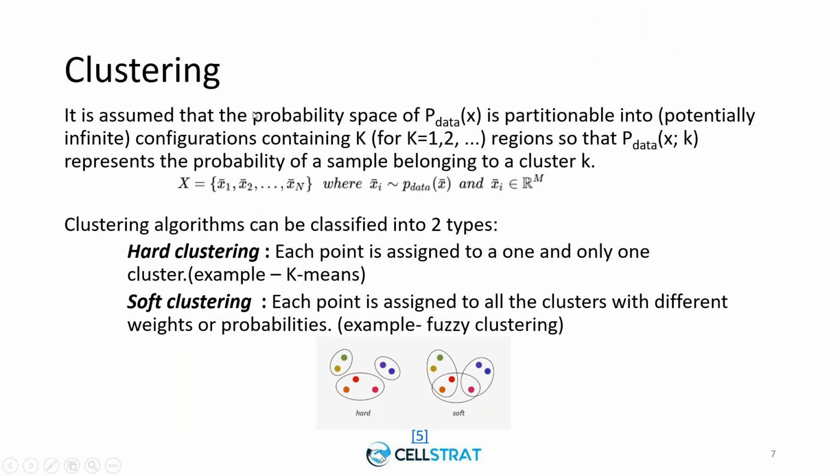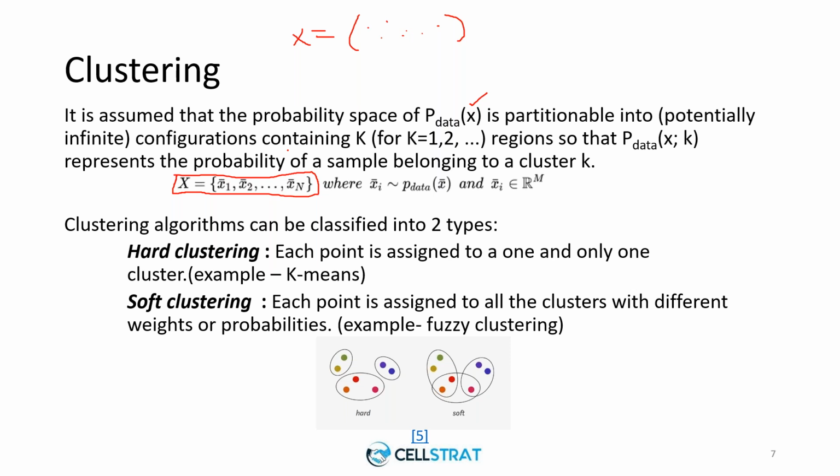When you're doing clustering, it's assumed that, let's say we have a data set X where you have various data samples like X1, X2 up to Xn. Then what you are assuming is that this particular sample can be partitioned into different configurations. So let's say I have a data set with multiple data points.